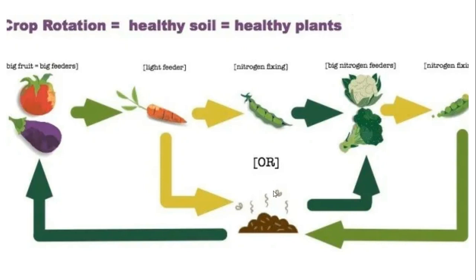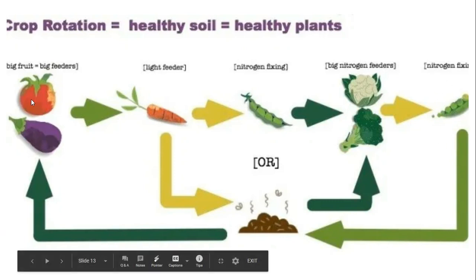Okay, either way, they're replenishing the soil's nitrogen before growing the heavy feeders, in this case, the brassica family, and then followed by a nitrogen fixer again. And then they'll come back to the big fruit feeders, and the cycle continues. And between the nitrogen fixer and the big fruit heavy feeder, there is another manuring of the soil.